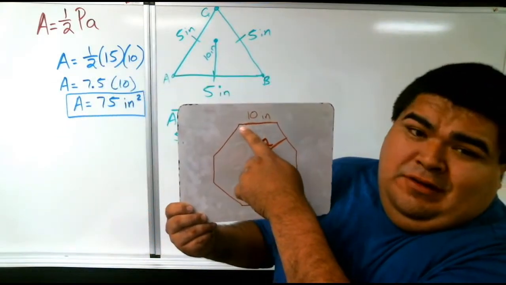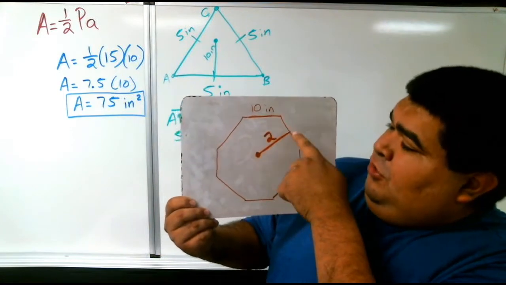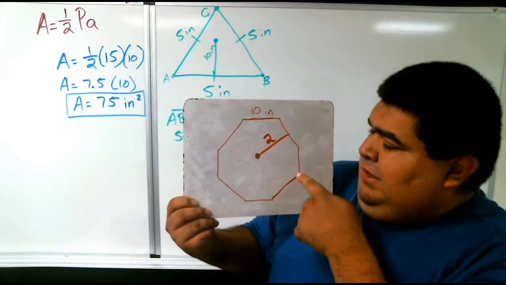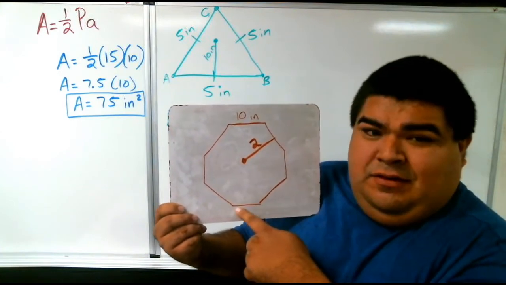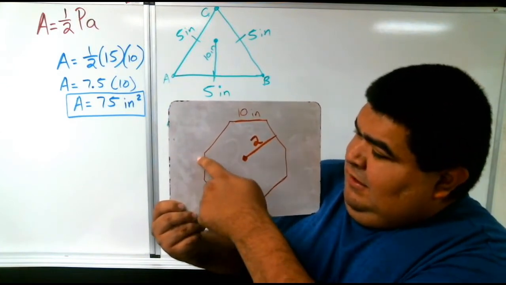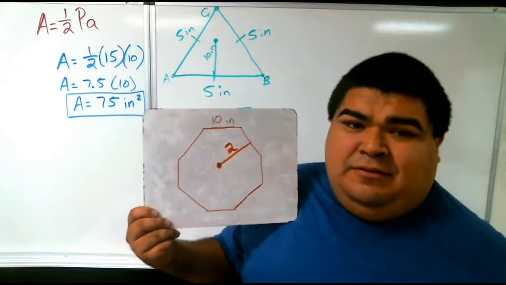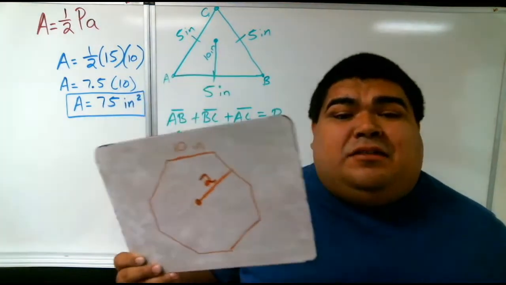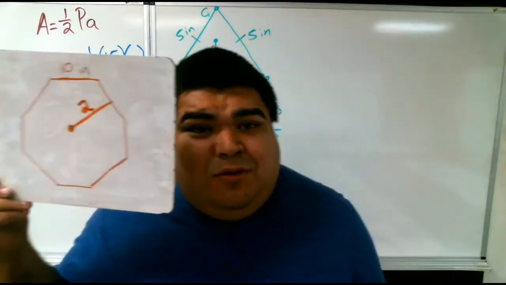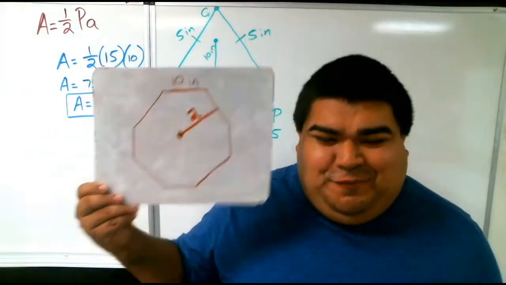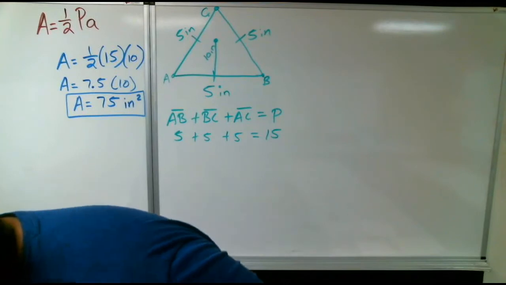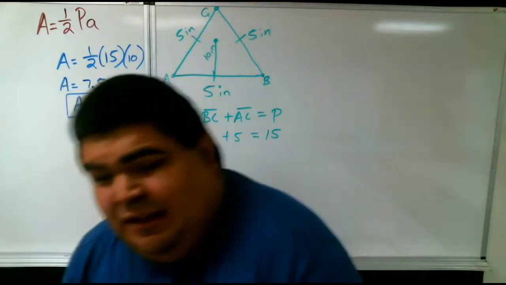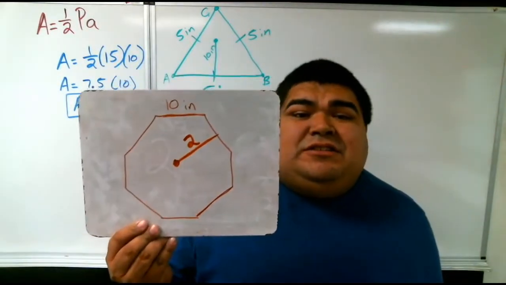We have 1, 2, 3, 4, 5, 6, 7, and 8. So that's the octagon. It's also known as the stop sign. So remember, we have 8 sides. Each side is 10 inches.